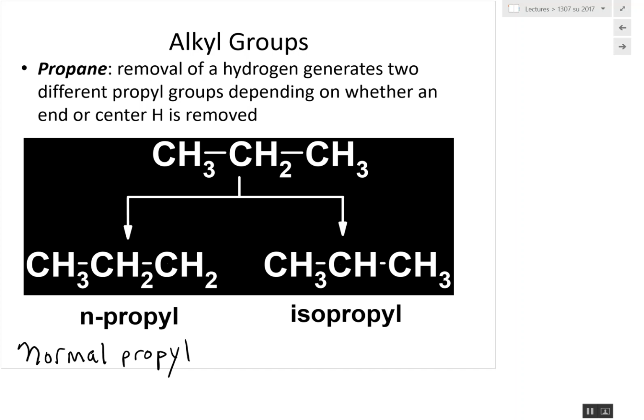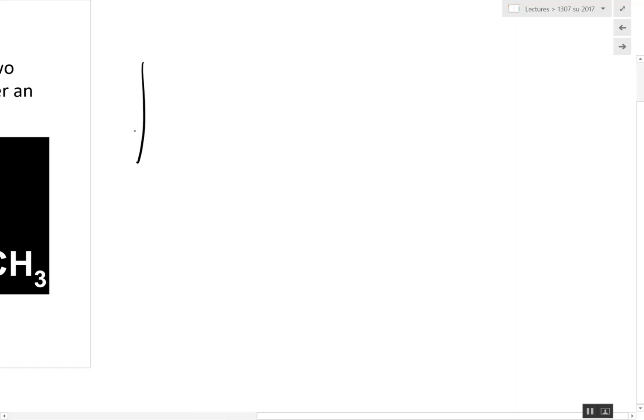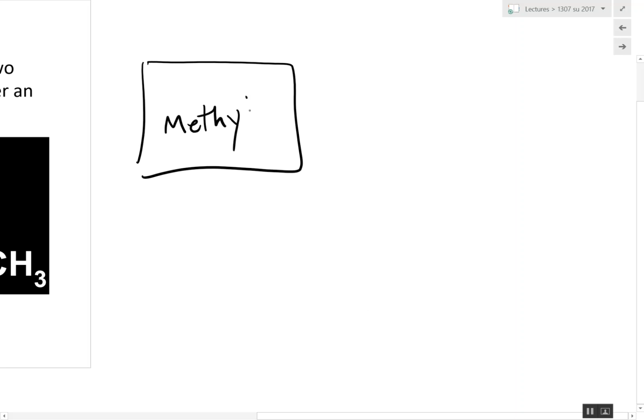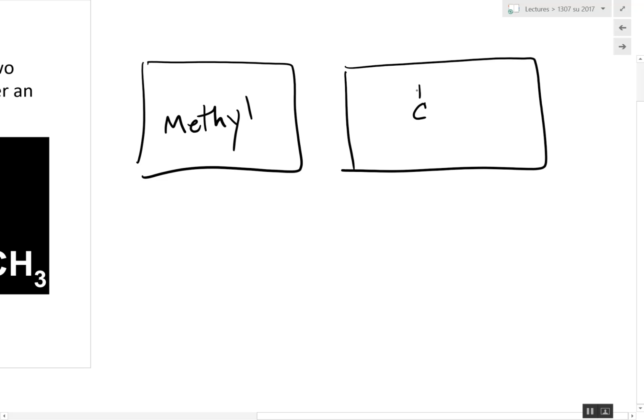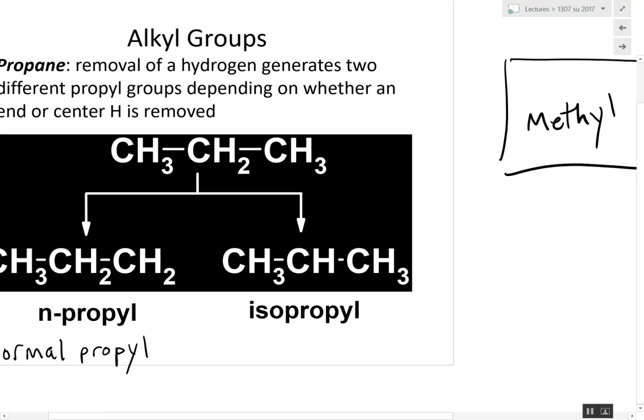I told you chapter 1 would have the most 3x5 cards, so don't get too worried. If you want to, you could make a 3x5 card for these: methyl, ethyl, propyl, and isopropyl.